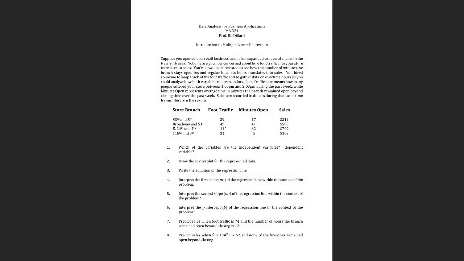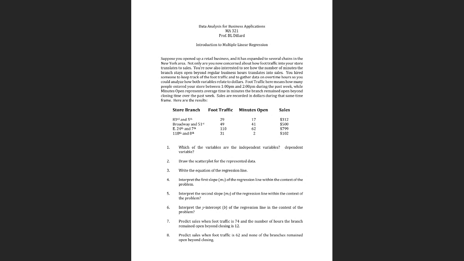But say, for example, in fact, I want to show you something. This is going to be a problem that we do in a second, but I wanted you to at least see it. Take a look at that. You may have to zoom it in a little bit. Now, this is a problem that extends upon, I don't know if you guys remember when we first introduced simple linear regression. We had a scenario where we had foot traffic and then sales.